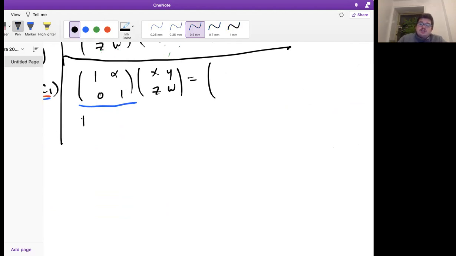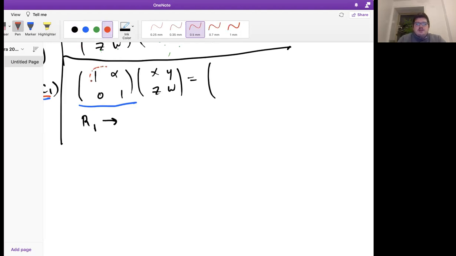So which row is changing? So if it's going to be the first one.